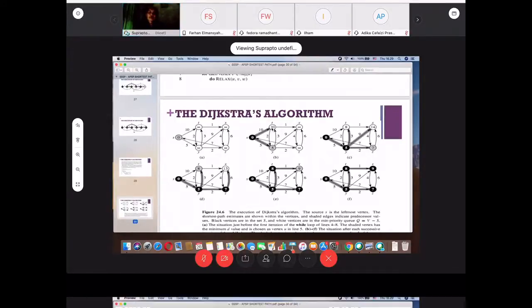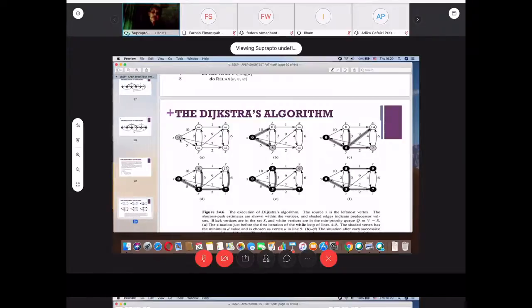So now the shortest estimate of vertex T is 10. It's still in the Q, right? And similarly, the other vertex adjacent to S is Y, and the weight from S to Y is 5.